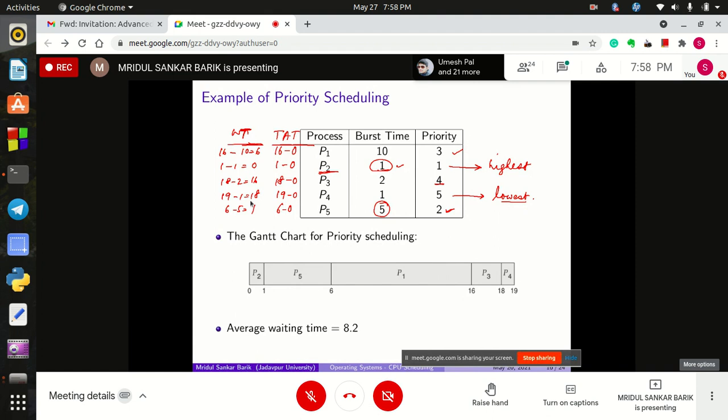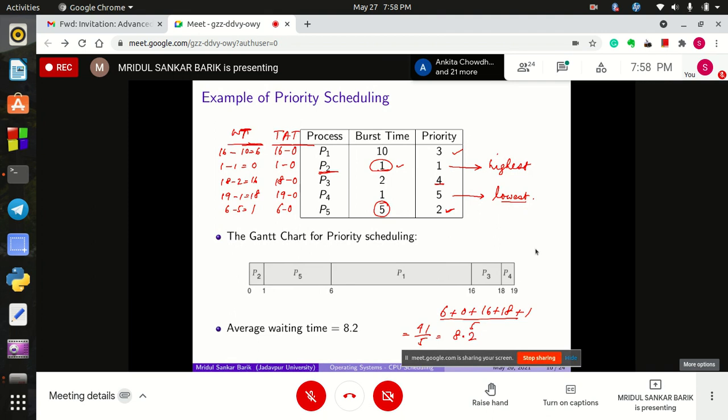Right? So these are the waiting times. So average waiting time would be 6 plus 0 plus 16 plus 18 plus 1 divided by 5. 41 by 5, so it is 8.2.